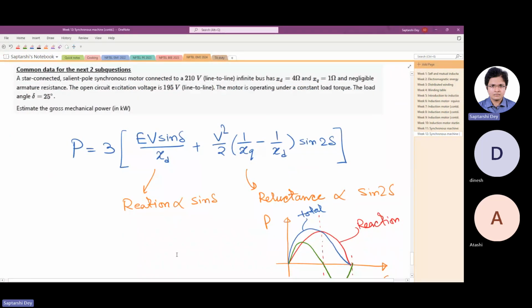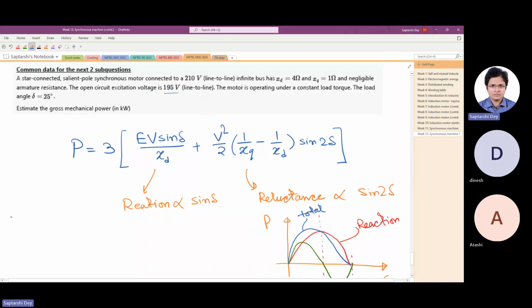All right. A star connected salient pole synchronous motor is connected to a 410 volt infinite bus, star connected. So you have to change the voltage to phase, with Xd, Xq given and negligible armature resistance. Open circuit excitation is 190 line to line.